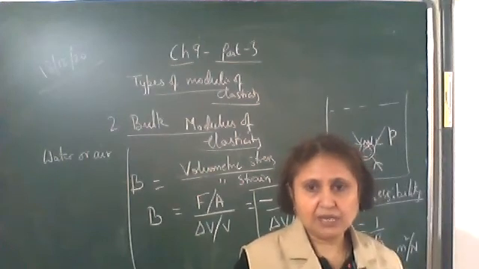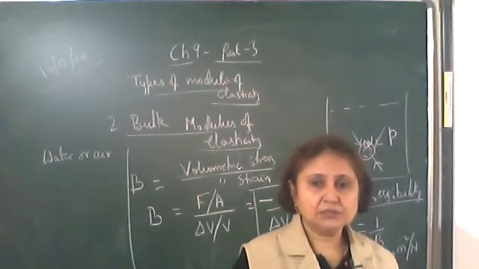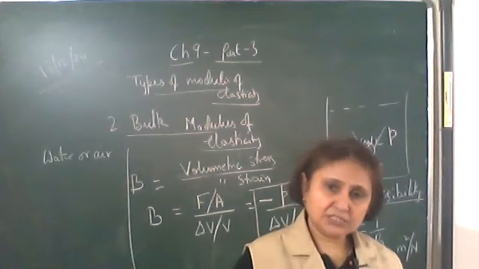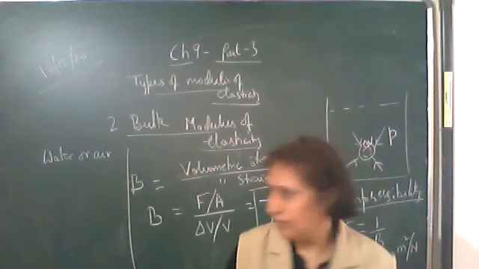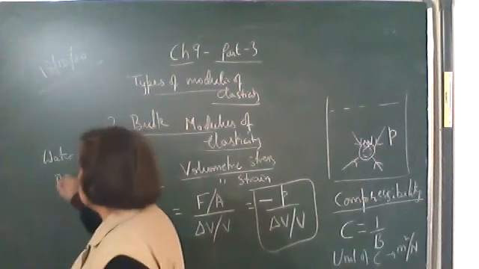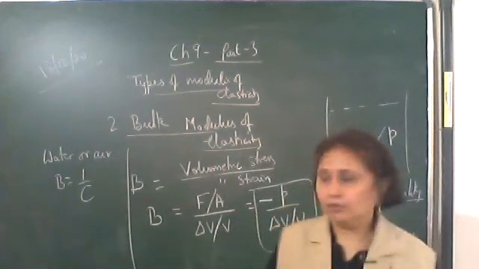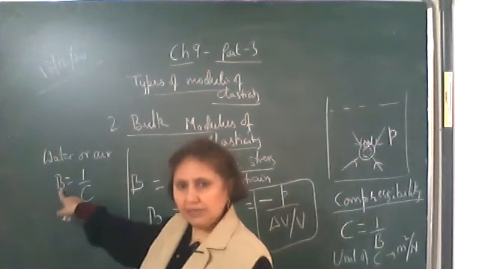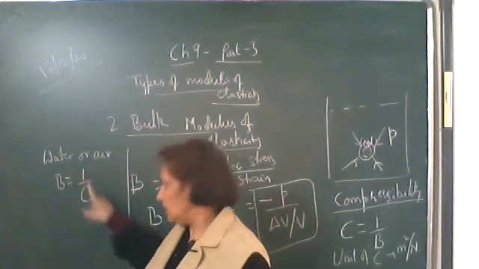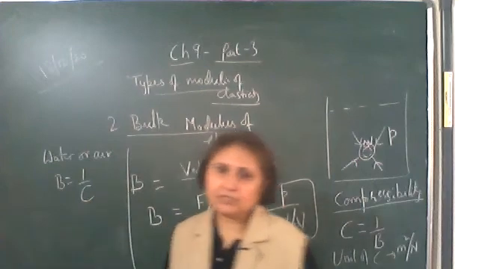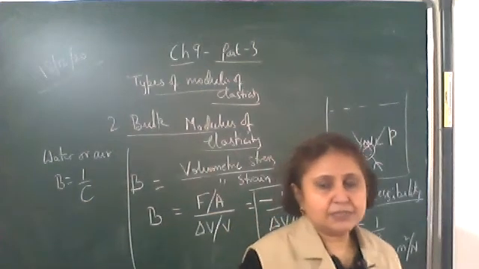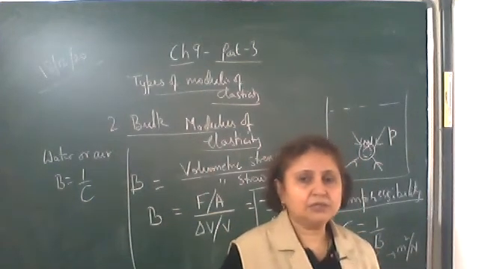Now, which one will have more bulk modulus of elasticity? The one which is less compressible. Why? We know that bulk modulus is the reciprocal of compressibility. More compressible, less elastic. Less compressible, more elastic. Which one is less compressible between water or air?